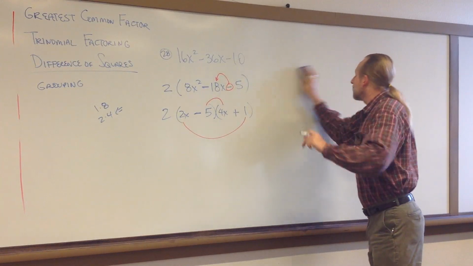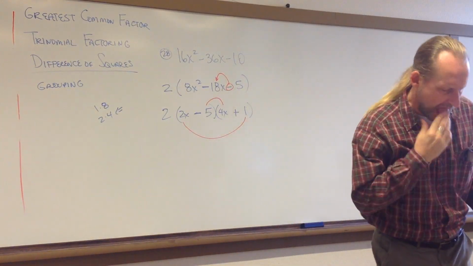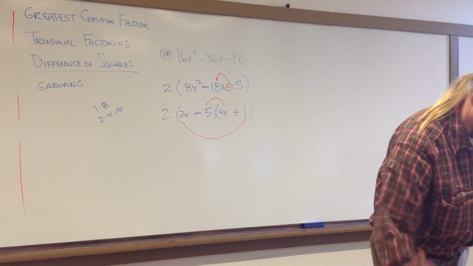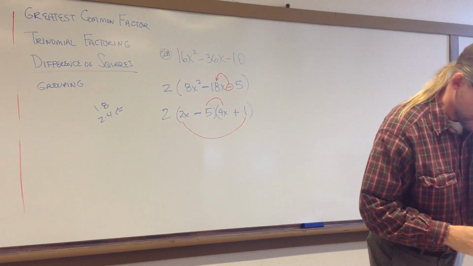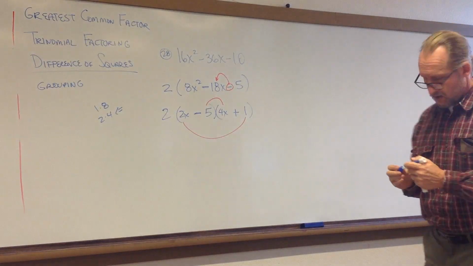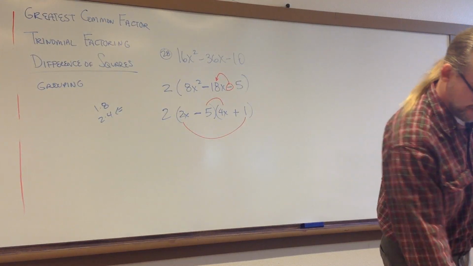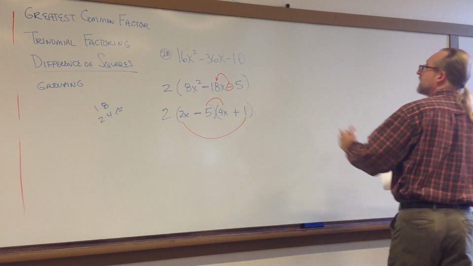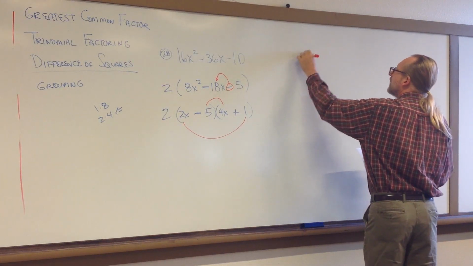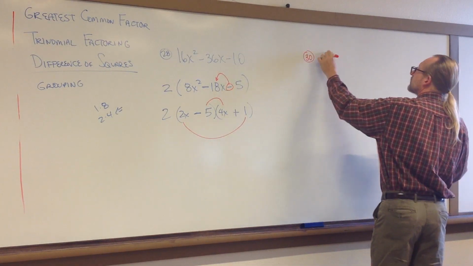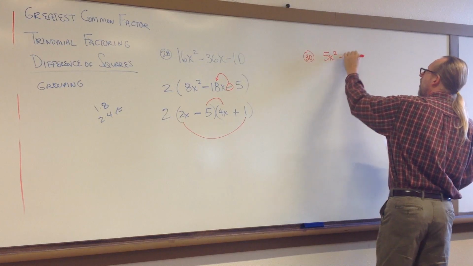Let's see what we've got on the next page here. Okay. Problem 30 is very similar to some of those problems we were doing a few minutes ago in the difference of squares section. Right?